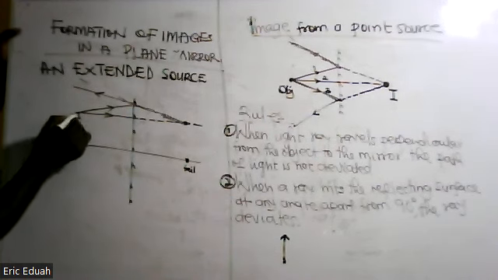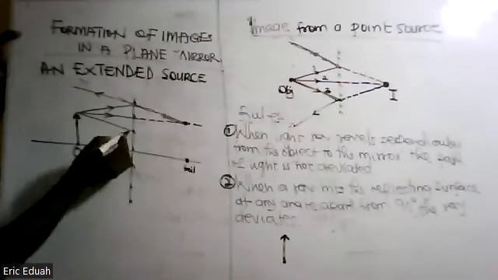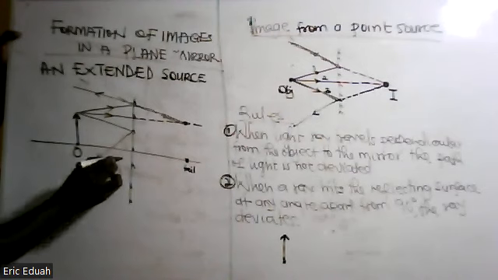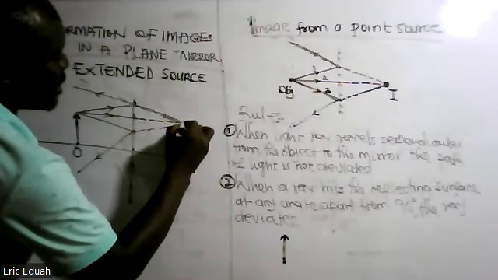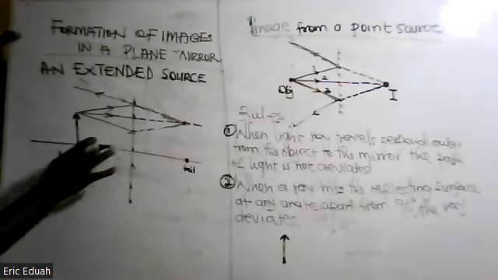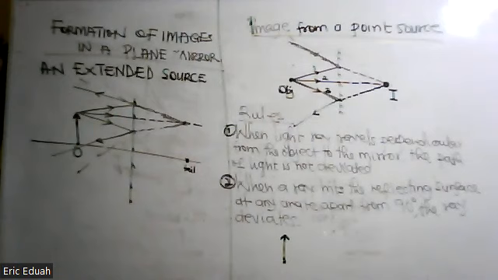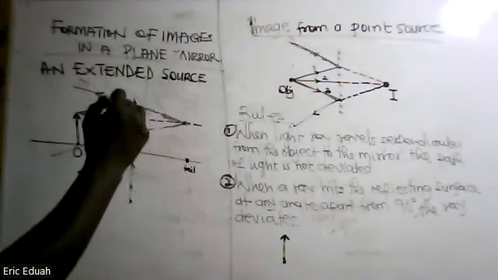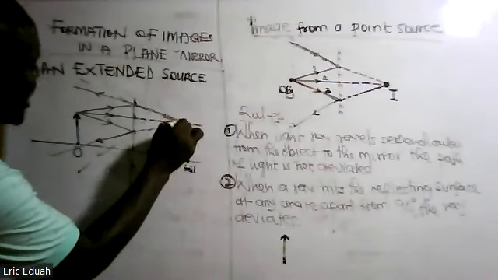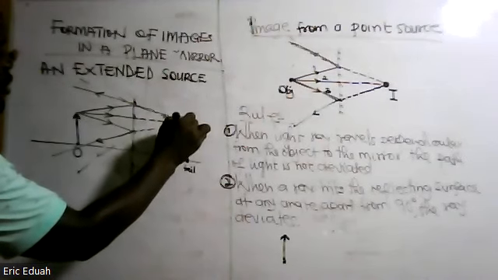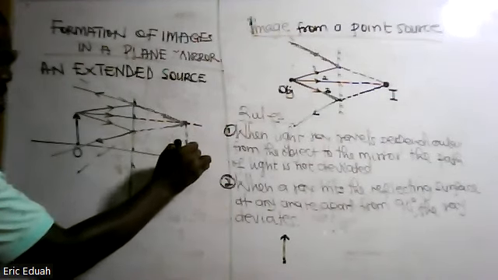I can also draw another ray from the head hitting the mirror at an angle. It will reflect in this direction. When I retrace this path, it has to meet the other two reflected rays. But please, ray diagrams must be straight, so you have to use a straight edge. Where the two extended reflected rays meet will be the point where the head would be. So when I join it to the tail, it has to give me the image.